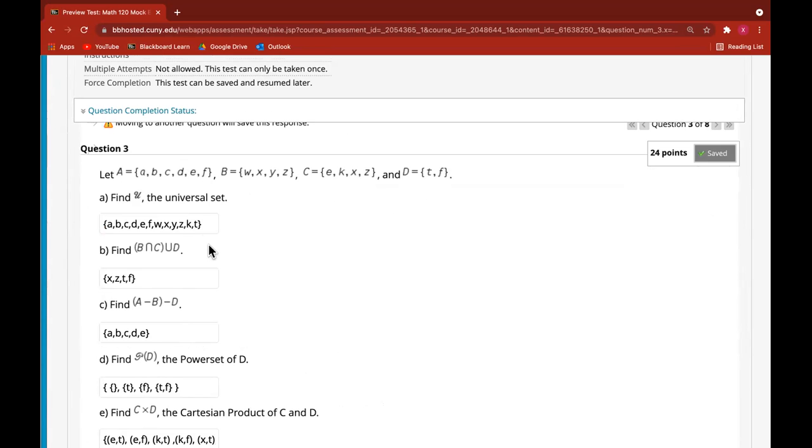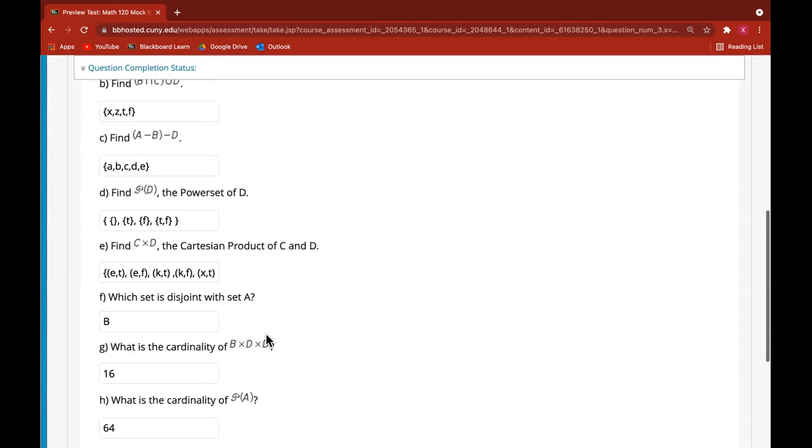But every time you increase an element, you double the cardinality. Right, so since we have 6 elements here, then the size of the cardinality will be 2 to the 6. Good.